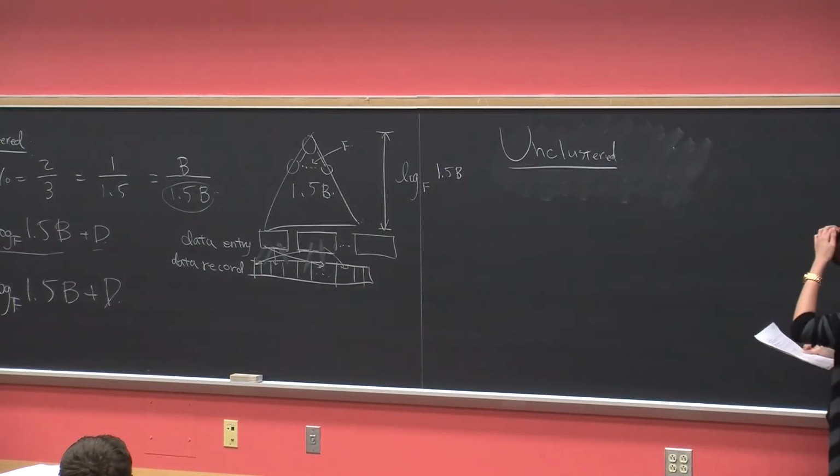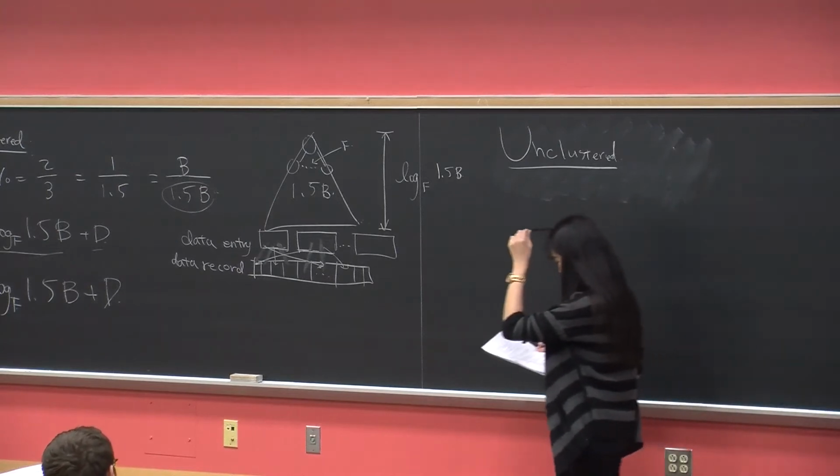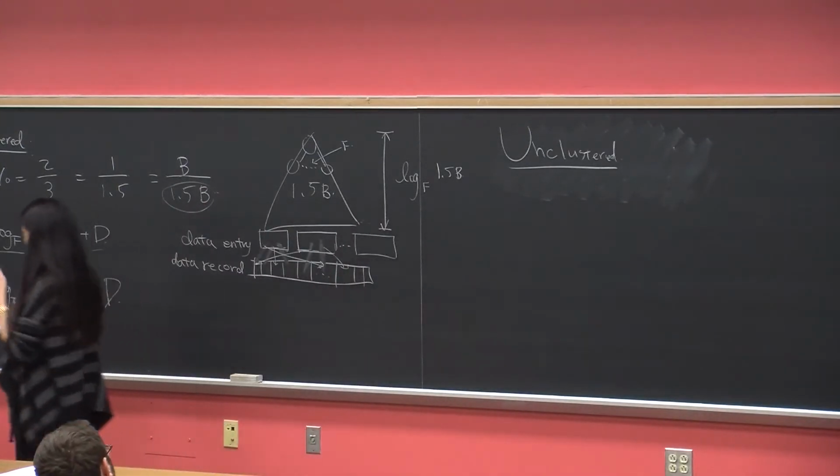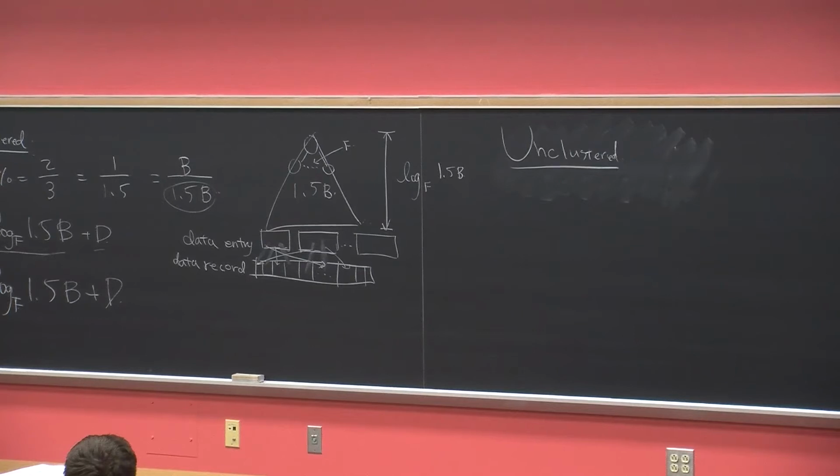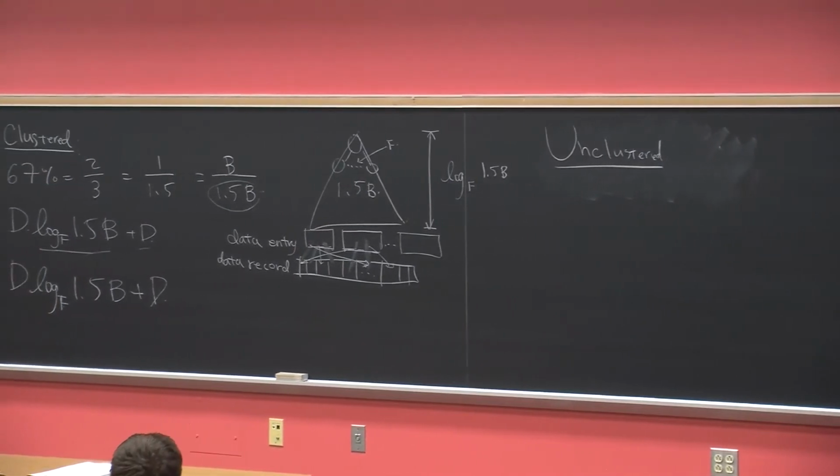So how does this affect the cost for each operation? So you can see right here, the first thing I wrote down there is assume that the size of data entry in the index is 1/10 of data records.